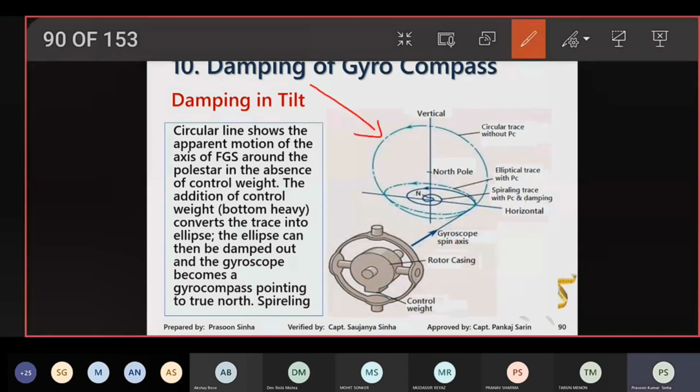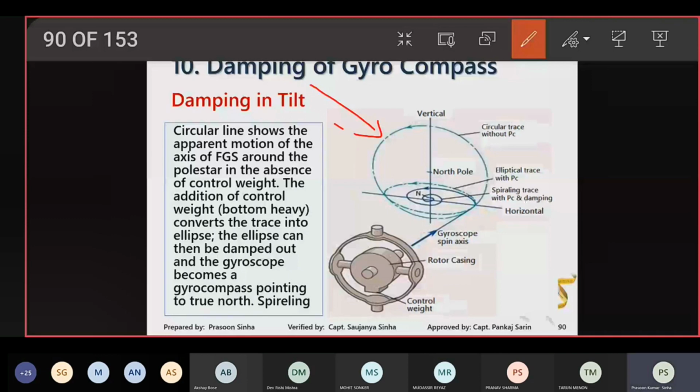This is a free gyroscope trace, circular. 24 hours time period. It makes one round in 24 hours. Then we did damping. We did gravity control.